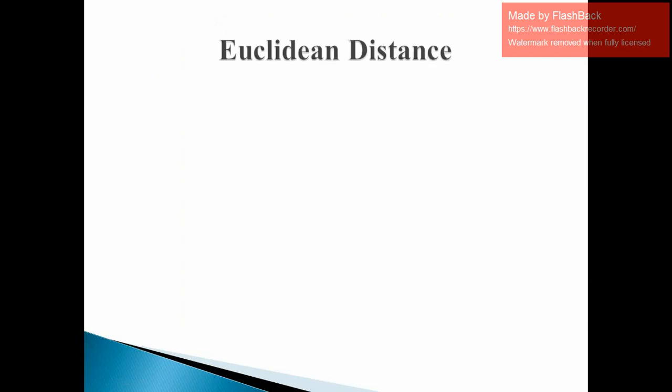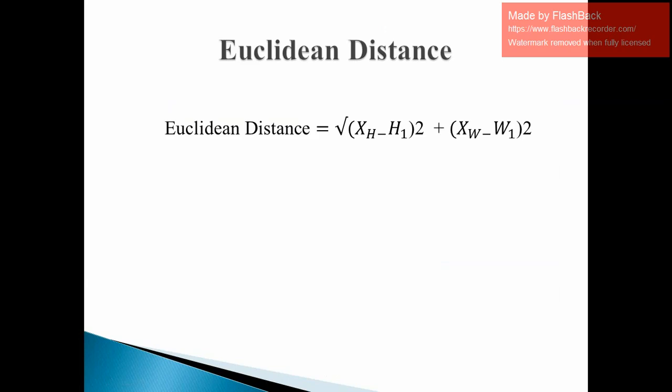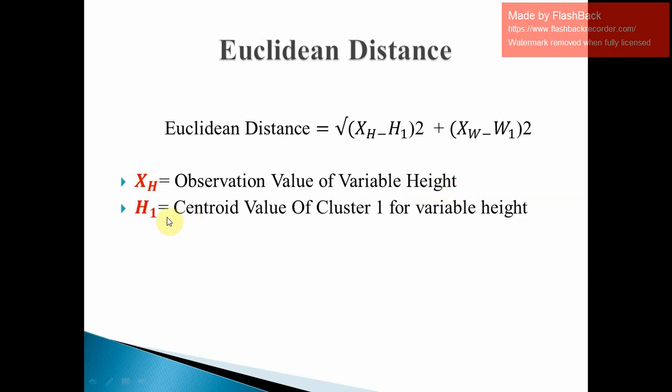In next phase we will use the Euclidean distance formula for calculating the Euclidean distance using every centroid for every row. So Euclidean distance formula is square root of (xh minus h1) square plus (xw minus w1) square, where xh is the observation value of variable height and h1 is the centroid value of cluster 1 for variable height.